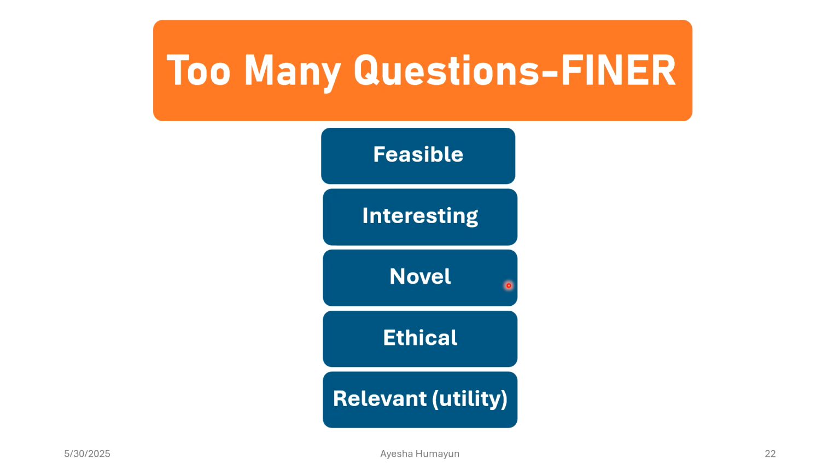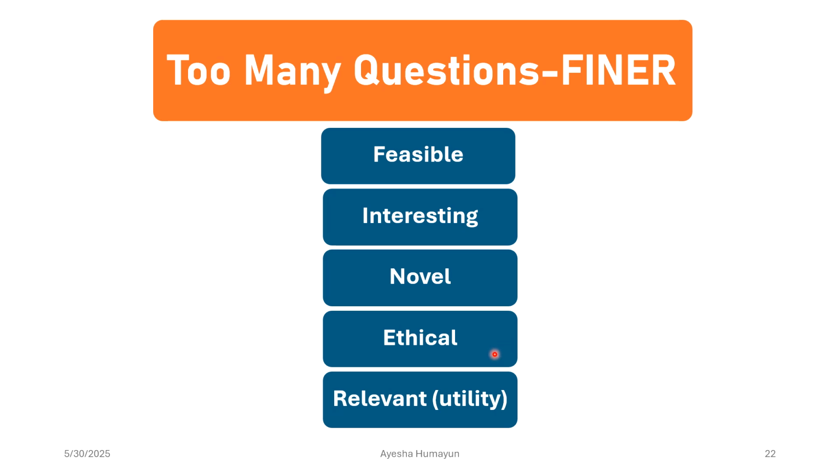If we identify the gap correctly and write the rationale in a convincing way, specifying the gap in literature, then we can say that we are doing a novel study. The more research gap you find, the more novel the question is.